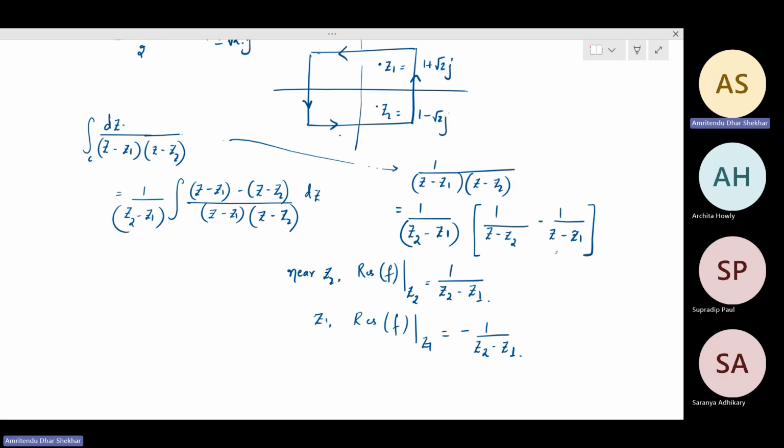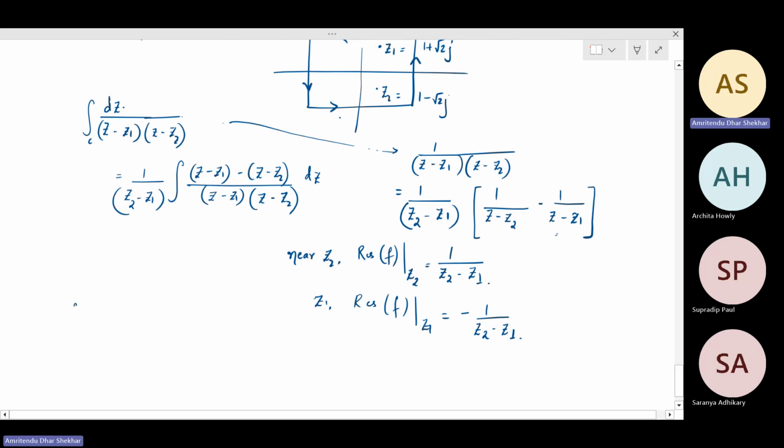If you perform the integration, the integral of 1 by f(z) is equal to 1 by 2 pi square root of minus 1 times the residue of 1 by f at z1 plus the residue of 1 by f at z2.